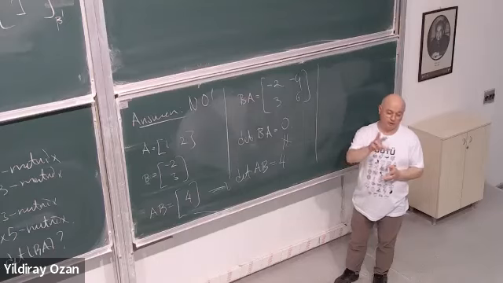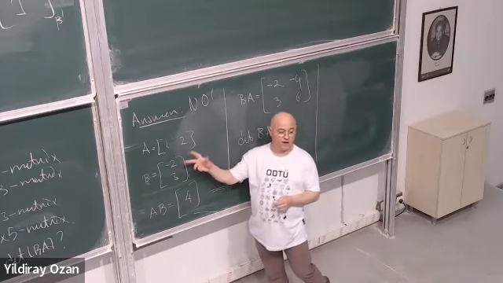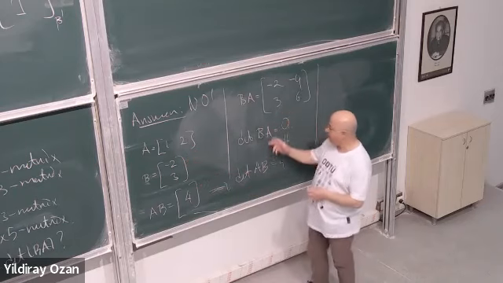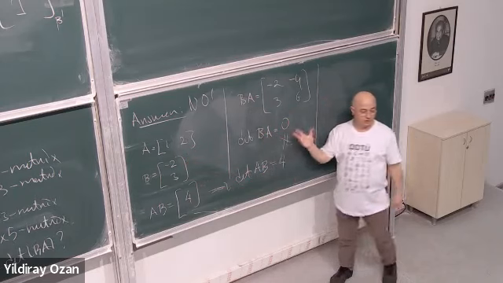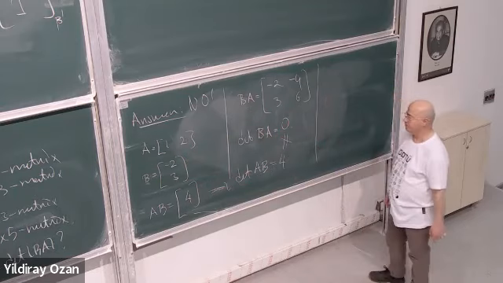So if the sizes are not the same, I mean if they are not square matrices, but you can multiply both of them, this way and this way, one of them will always have determinant 0. The reason is the following.